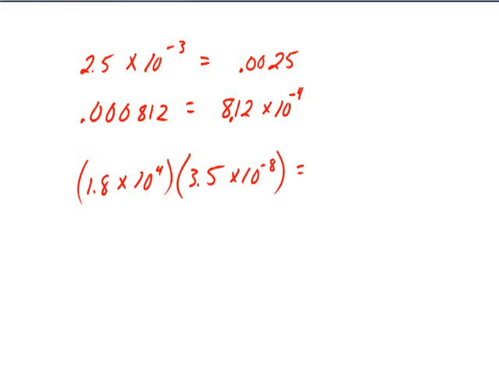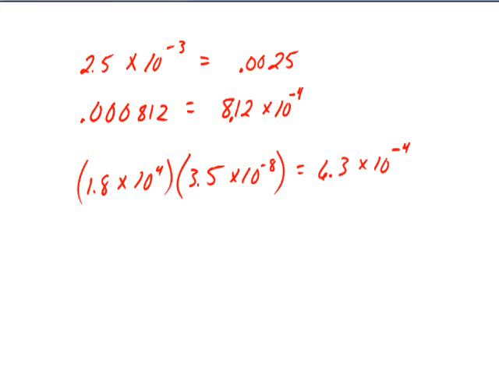I can expand each one of these into decimal notation and then multiply, or I can multiply the numerical parts first and then combine the powers of ten using the rules of exponents. In this case, if I multiply 1.8 times 3.5, I get 6.3. Times 10 to the power of, I have 10 to the 4th and 10 to the negative 8th. I'm multiplying, so I add the exponents, 10 to the negative 4th.